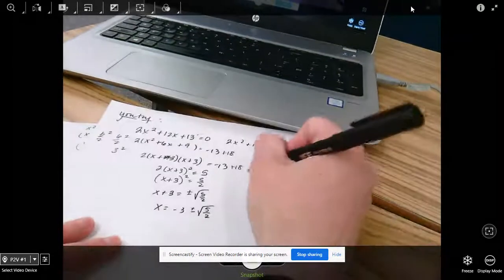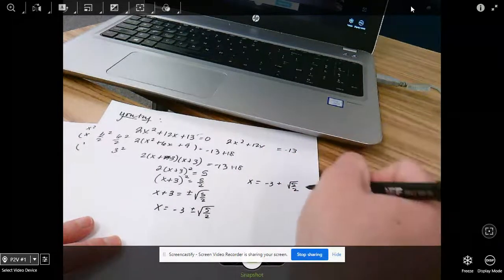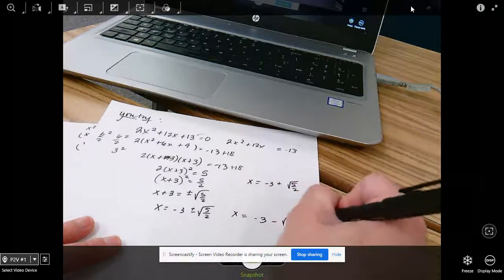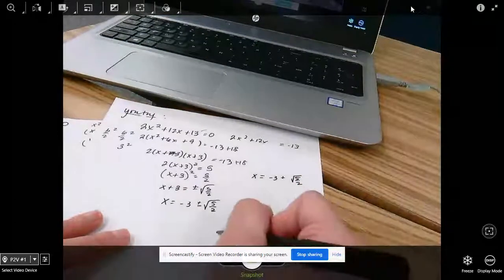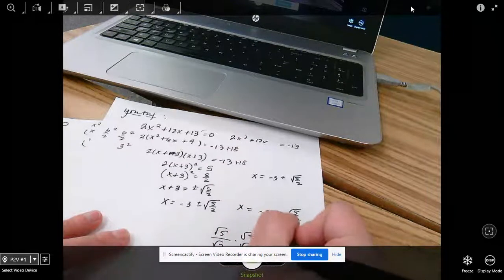So 2 ways you can do this. X equals -3 plus root 5 over 2, and x equals -3 minus root 5 over 2. You cannot leave it like that. It would be the square root of 5 over the square root of 2, which we're going to rationalize.